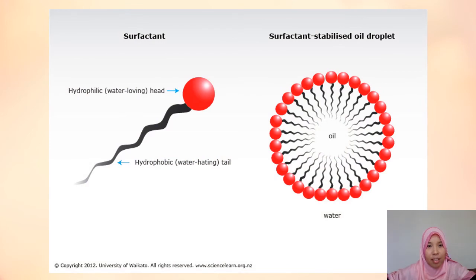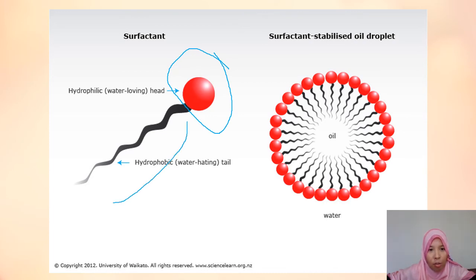So this is surfactant. I told you that surfactant has a part that loves water and another part that hates water. The part that loves water is the hydrophilic part, and the part that hates water is the hydrophobic part.